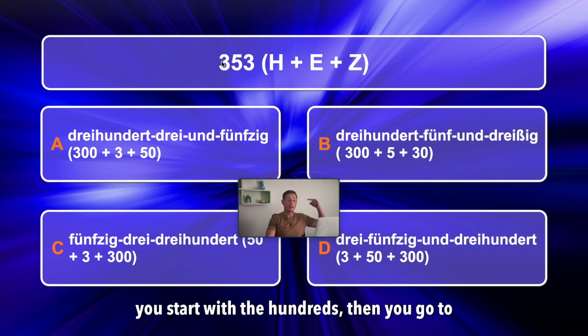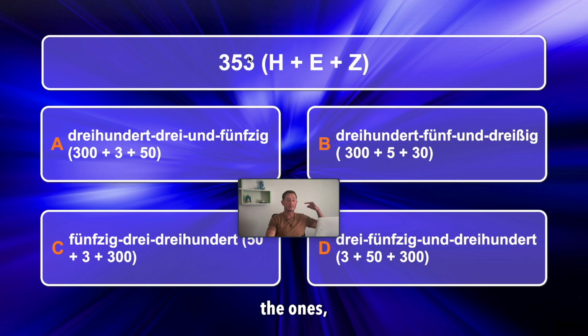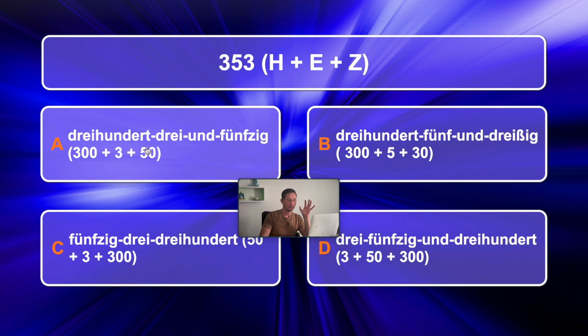You start with the hundreds, then you go to the ones and then you go to the 10th. You have 300, 3 und 50. So, what is correct? 353. A is correct.